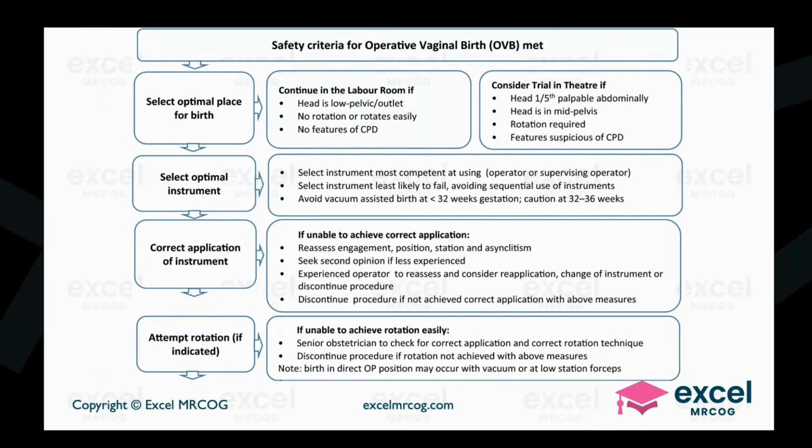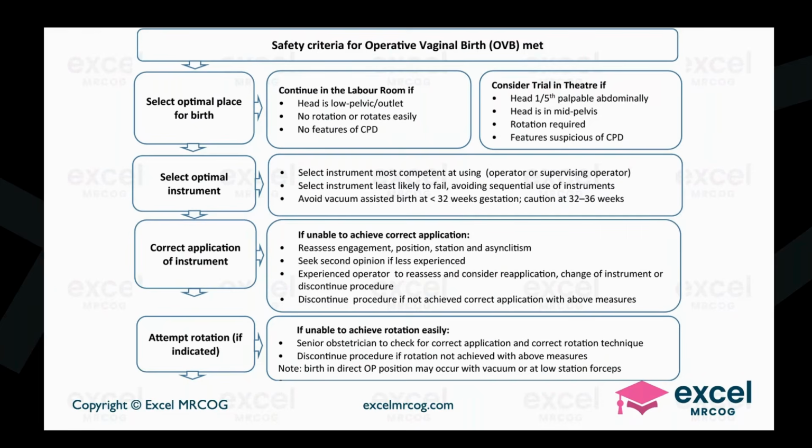But you want to avoid that because that is associated with the maximum fetal and maternal trauma. So we don't want that situation and we want to put something that we are sure might work. Vacuum is not to be used under 32 weeks, and caution between 32 to 36 weeks.